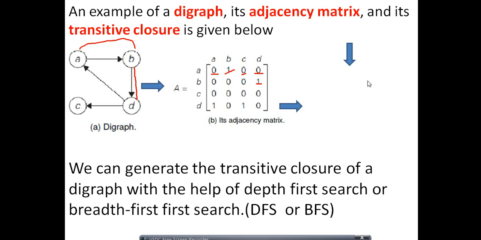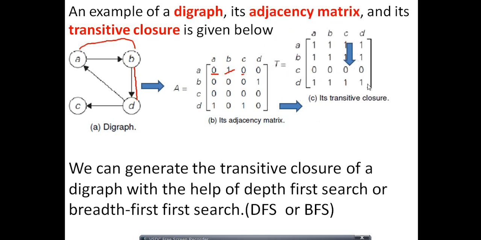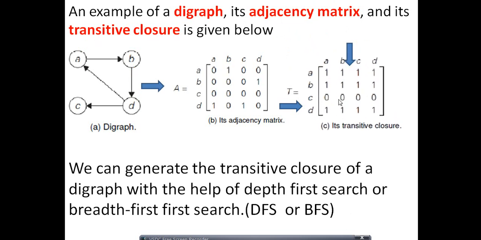Finally we have to calculate the distance matrix. This is our aim, to calculate the shortest distance path from the given diagram. Okay, we can generate the transitive closure of a diagram with the help of DFS or BFS, the depth first search and breadth first search algorithms.